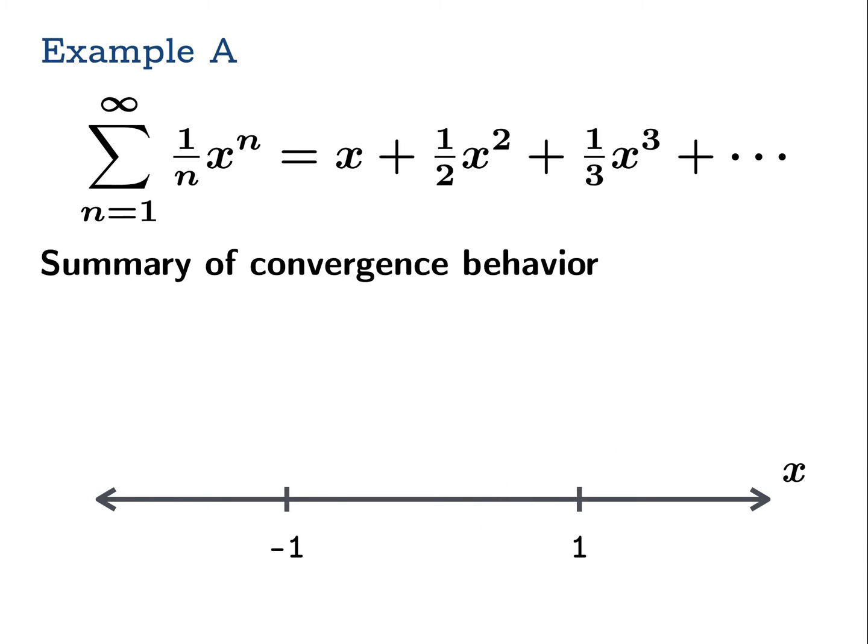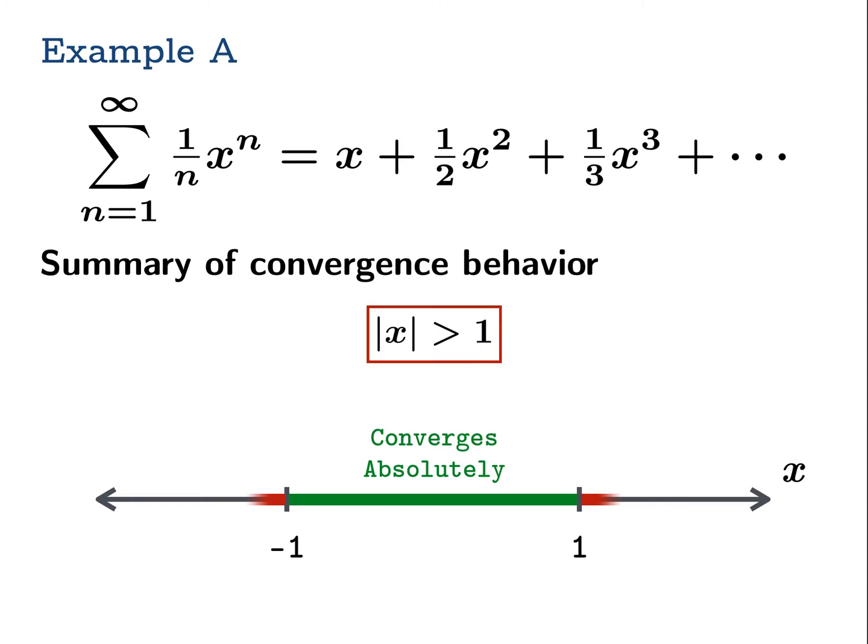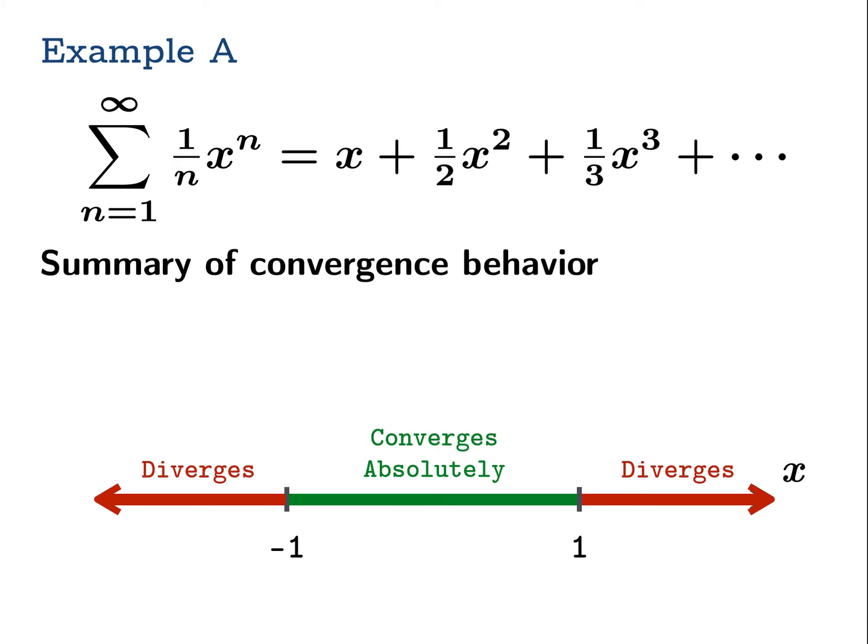And what we've just discovered is that we need to paint everything between negative 1 and 1 green, because that's the region on which the series converges absolutely. If the absolute value of x is greater than 1, then we'd better paint such points red for divergence. And then we've learned that at x equals 1, the series diverges, and at x equals negative 1, the series converges conditionally. So this tells us exactly where the series converges or diverges.